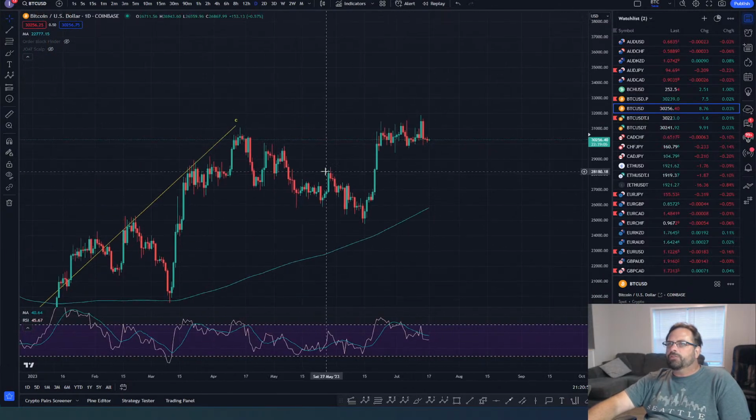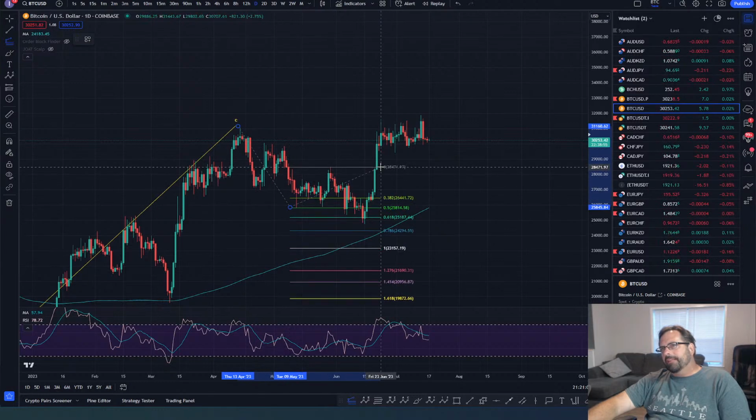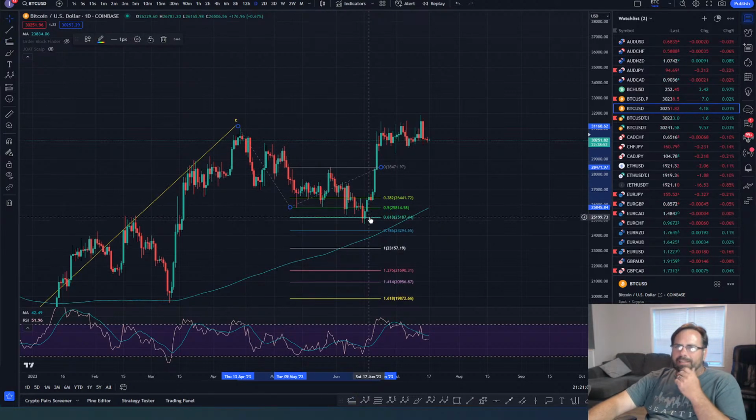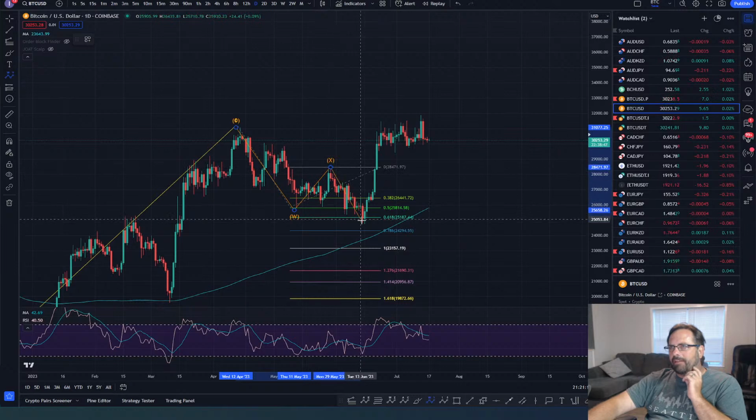In other words, it's too small. It's not big enough. When we pull the fibs on it, we've got W and we've got an X right there, and look, this only comes to the 618 extension. So I believe it would be a wrong count to say this is a W, X, and then a Y.